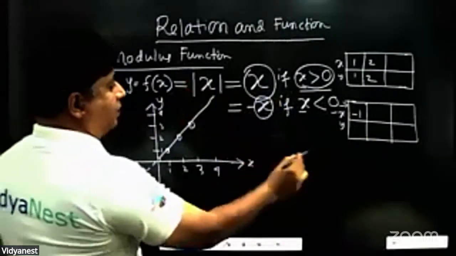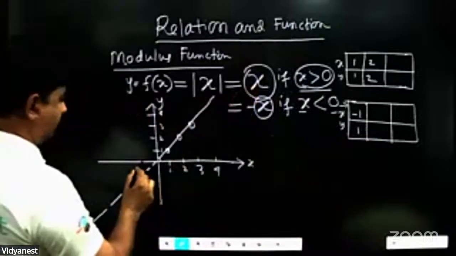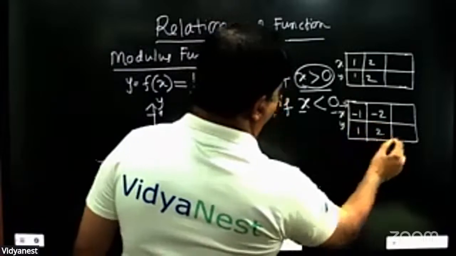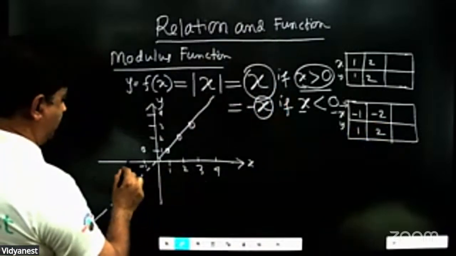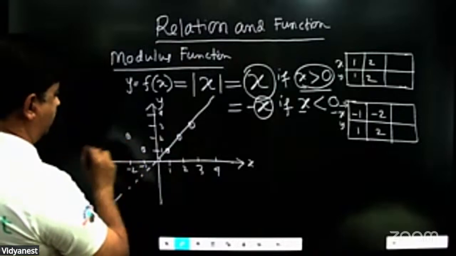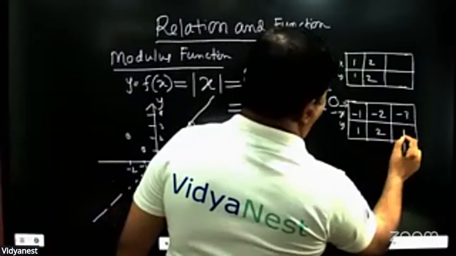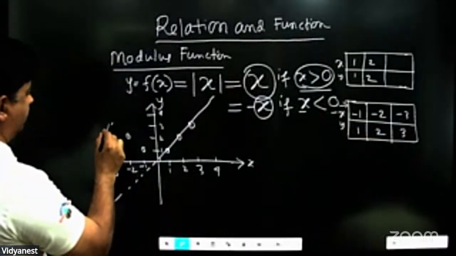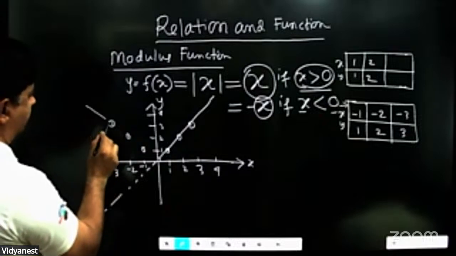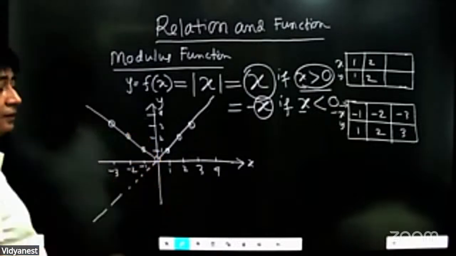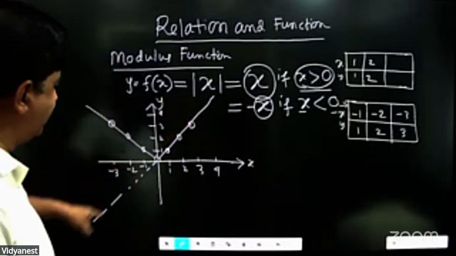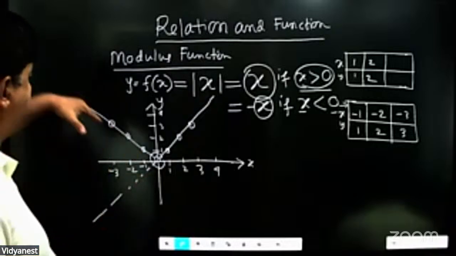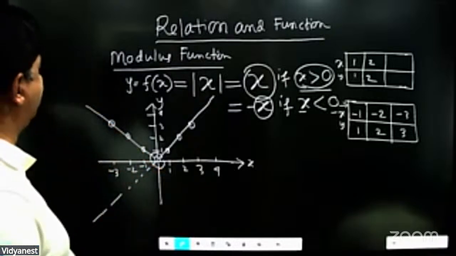Minus and minus will give you plus 1. Minus 2, plus 2. Minus 3, plus 3. So the line will be like that. So instead of going in this way, the line bumped at this point and will go through this way.